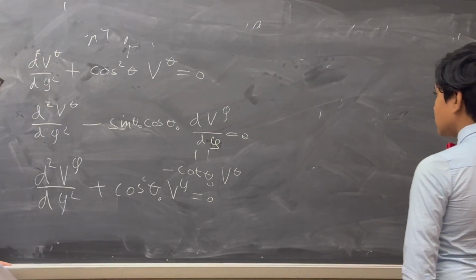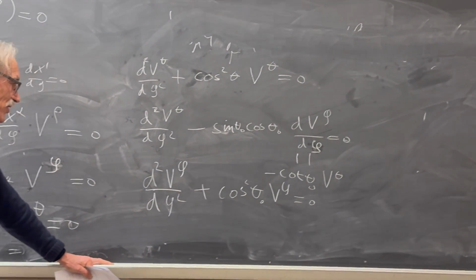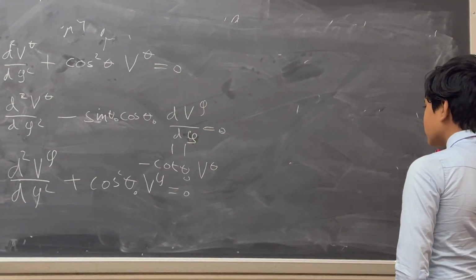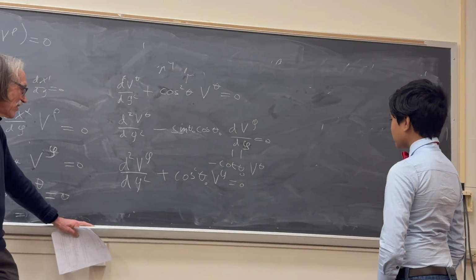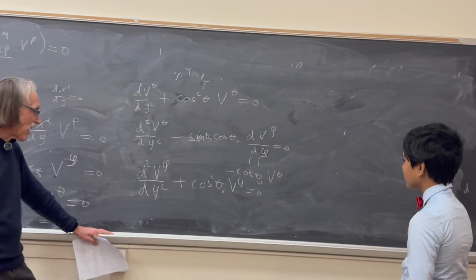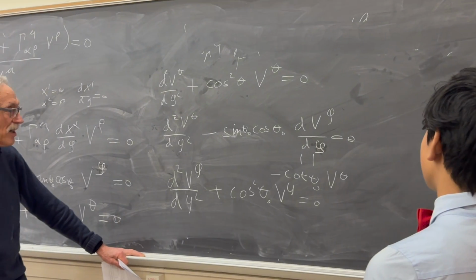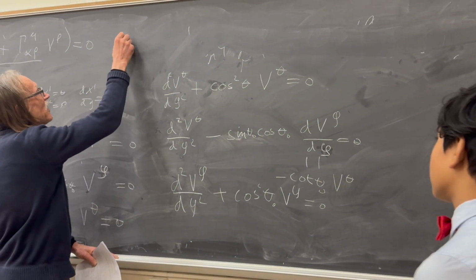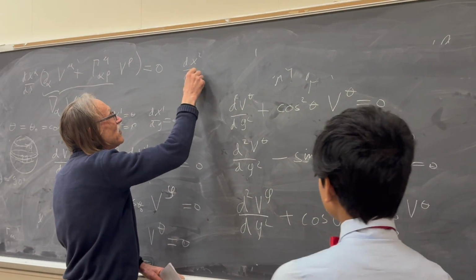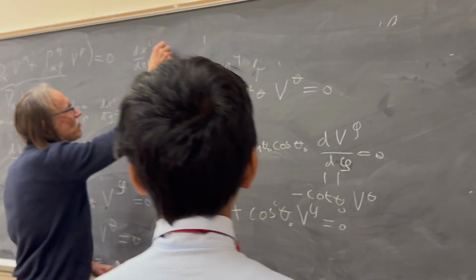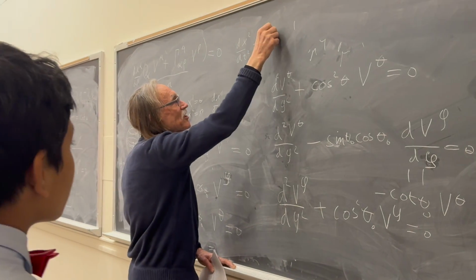And do you know these equations? I don't recognize them. Probably missing something obvious. These are the equations for harmonic oscillator. Harmonic oscillator means d squared x dt squared is equal to minus omega squared times x.